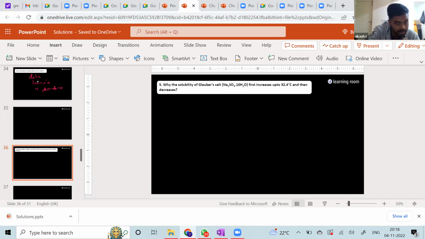Increase in temperature, increase in solubility. That's what we expect. But after a point of time, what happens? I will have Na2SO4 anhydrous.